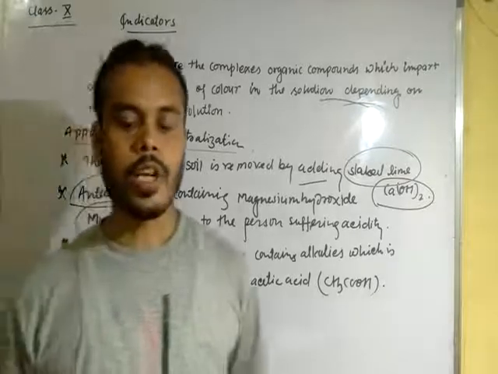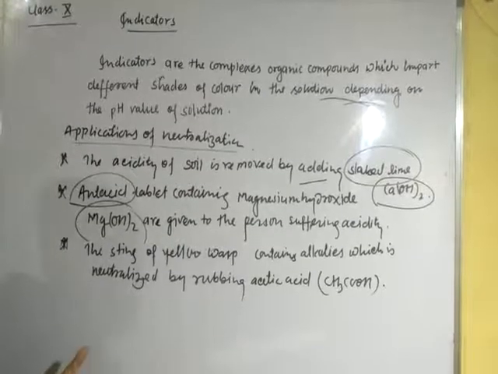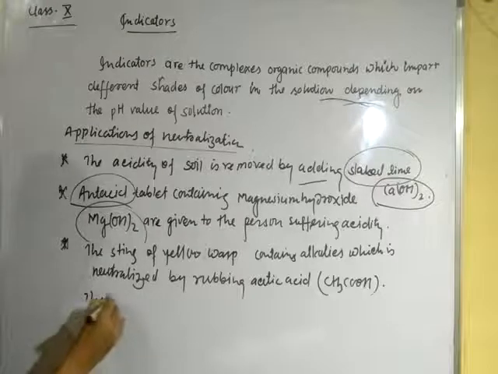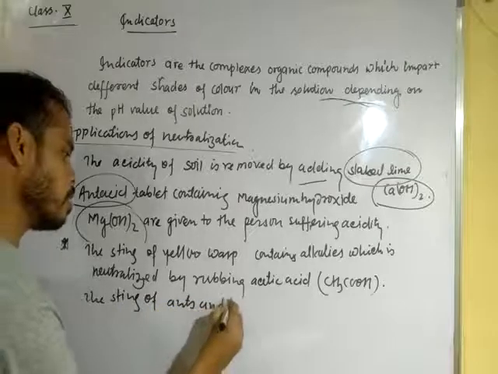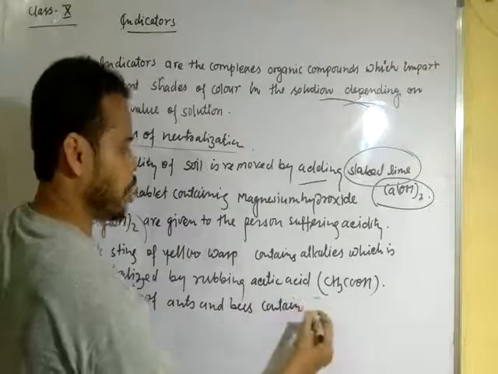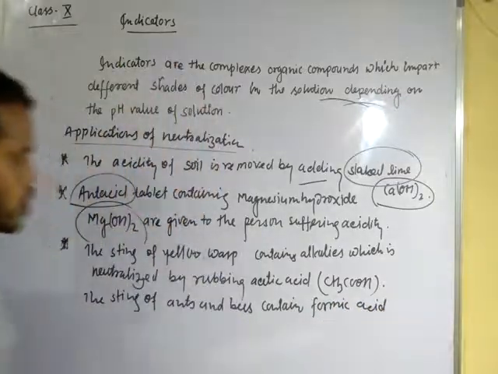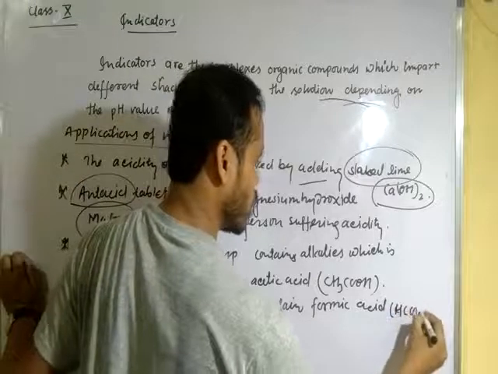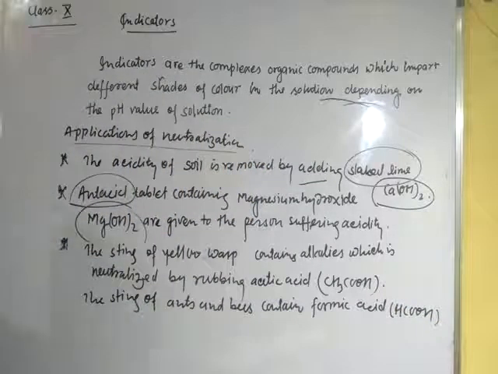The sting of ants and bees contains formic acid. The formula of formic acid is HCOOH. Clear, student?